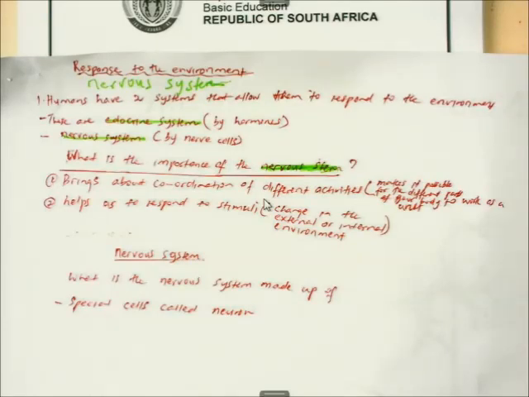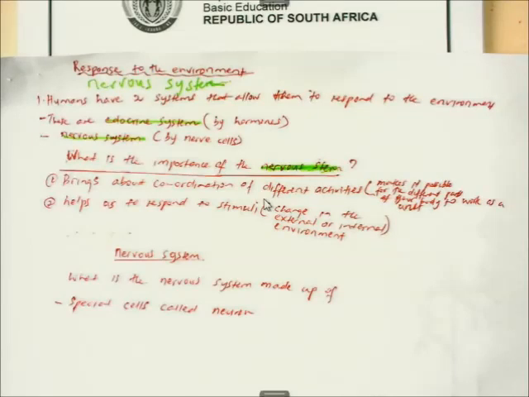When the ball is kicked towards you, number one, you are going to run to the ball. Number two, you are going to jump so as to catch the ball. And then number three, you are going to catch the ball. What I've just made mention of are the three activities which are coordinated. What made these activities coordinated are the different parts of your body which work as a system.